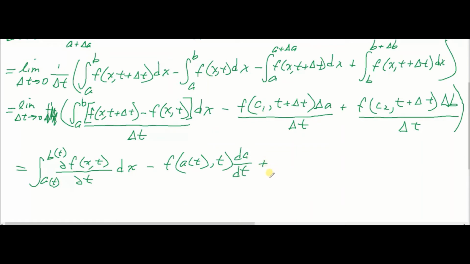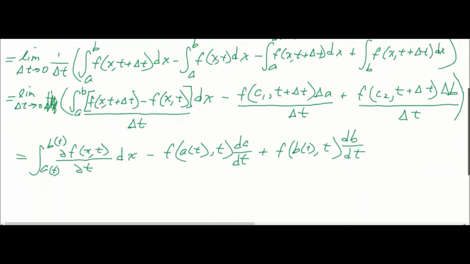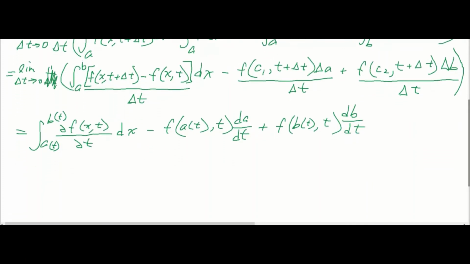And by the exact same logic, we're going to take this, and it's going to end up being the function at b times dB dt. So that's Leibniz's rule.